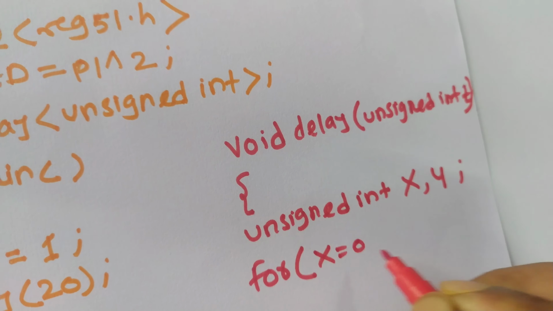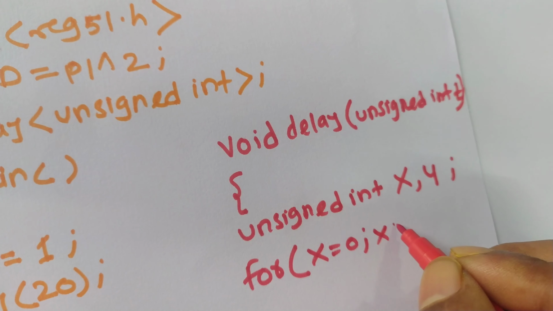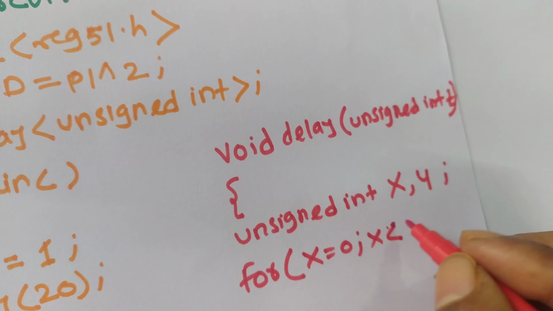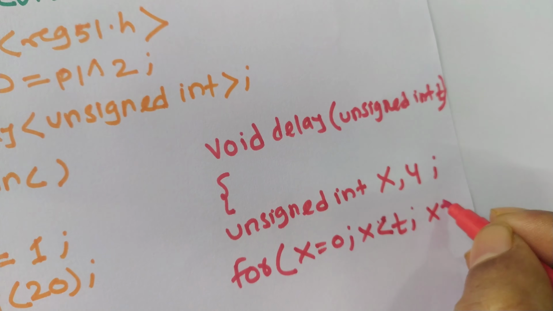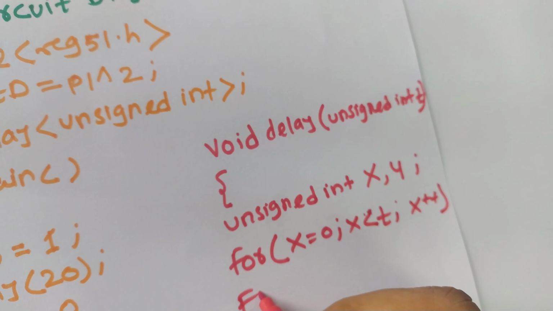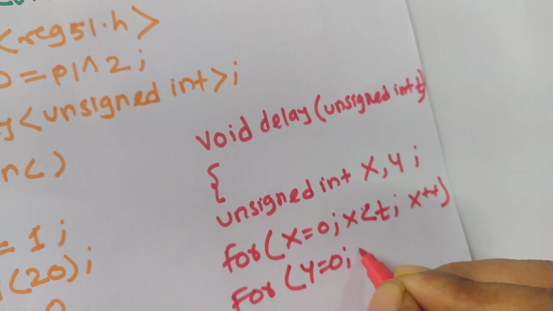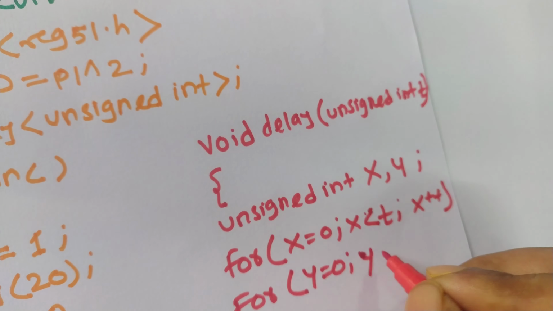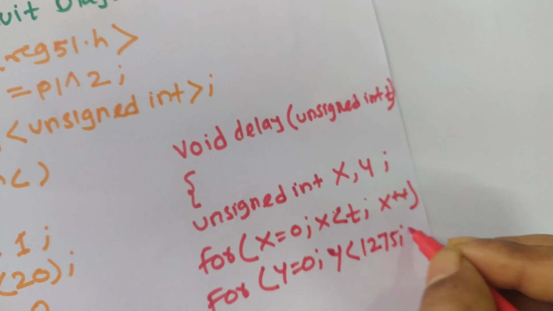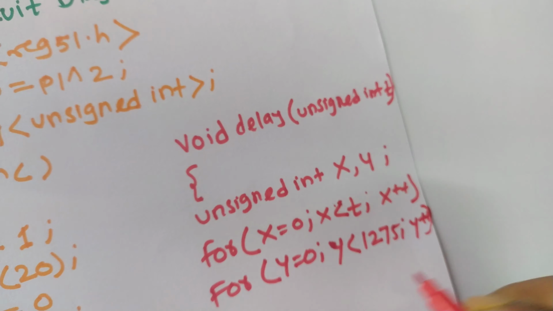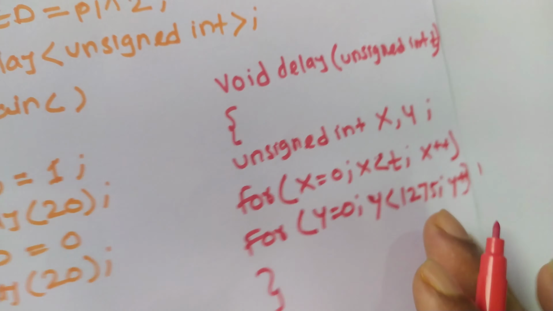For x equal to 0; x less than t; x plus plus. And then another for loop: y equal to 0; y less than 1275; y plus plus, and the bracket is completed. Now here the while delay loop is done.